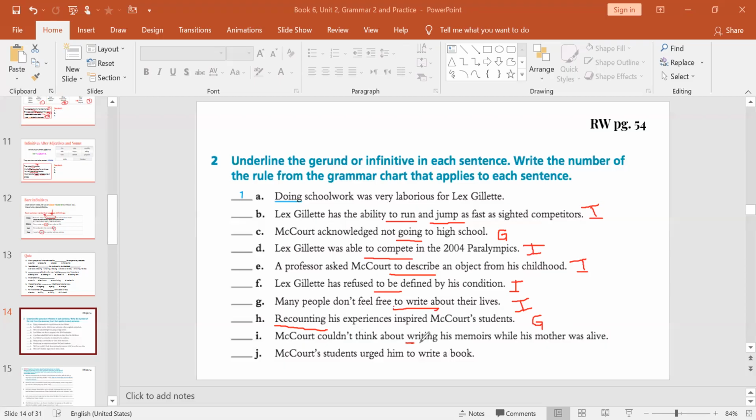And then here, this is writing, functioning as the object of the prepositional phrase. It's also a gerund. And then we have the infinitive, and we see the verb urged, and then we see the object, and then we have the infinitive, okay? So I hope that was useful for you. And we're going to have to move forward now.